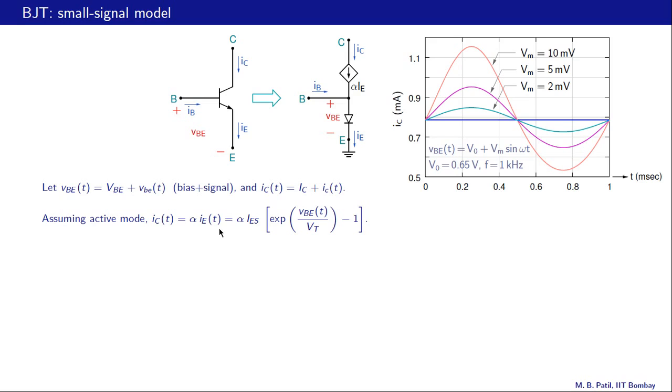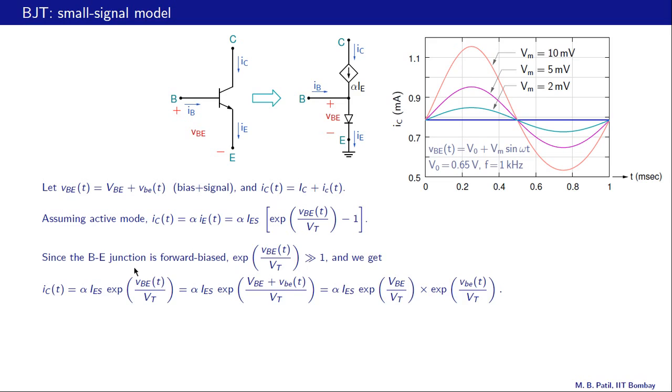And what is IE? It's IES times e raised to VBE by VT minus 1. This is the total instantaneous base emitter voltage. That is the total instantaneous emitter current. And this is of course simply a special case of the Ebers-Moll model, as we have seen earlier.